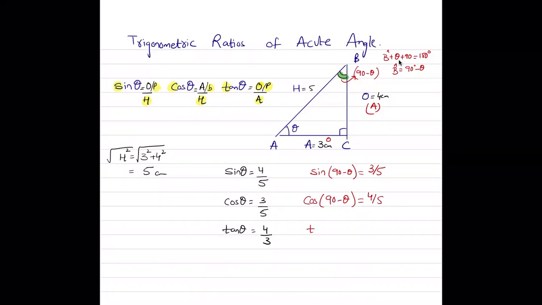And tan of 90 minus theta? 3 upon 4. Very good. So these were the trigonometric ratios for your acute angle. And we can see that in a right angle triangle, you are going to have these two angles as acute.